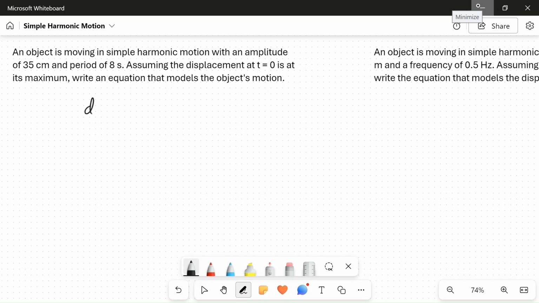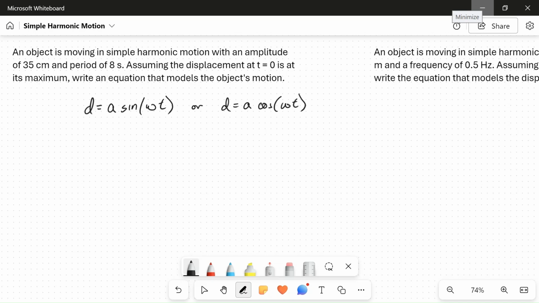Our general equations were d equals A sine of omega t, or d equals A cosine of omega t.